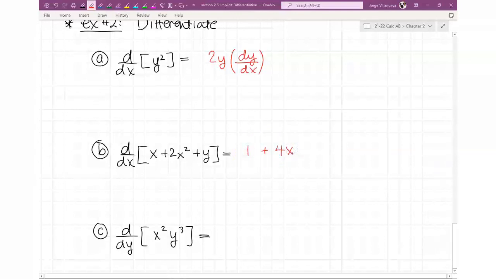But again, I don't have to write dx, right? That's just redundant. No need to do that. But the derivative of y is just 1 dy dx. Okay? So that would be your answer. If you want to clean it up just a little bit, it would look like this. And that would be your solution for that.